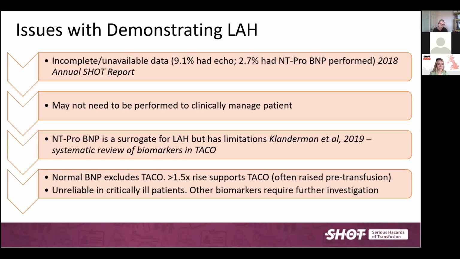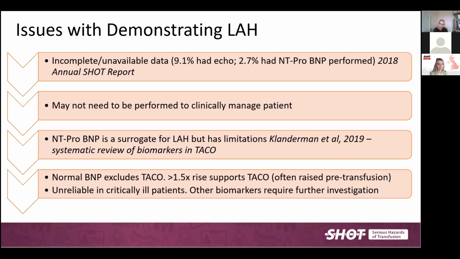But we know that a normal BNP really excludes TACO, so it's got a good negative predictive value. And there are papers providing us with evidence to show that a 1.5 times increase supports a diagnosis of TACO. And often it's raised pre-transfusion as well, because these patients often have underlying heart failure.